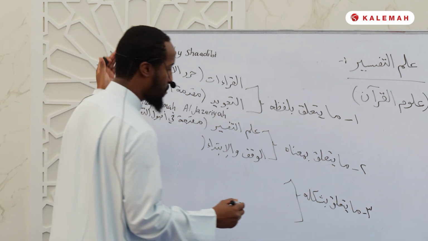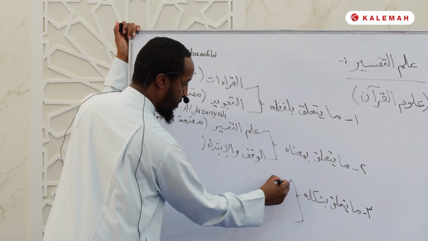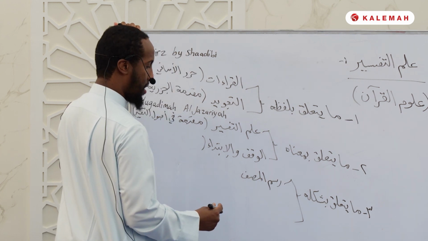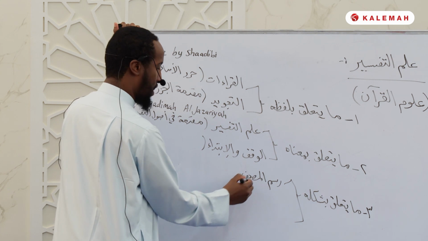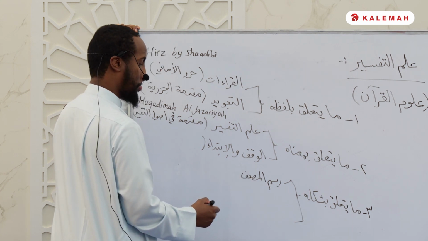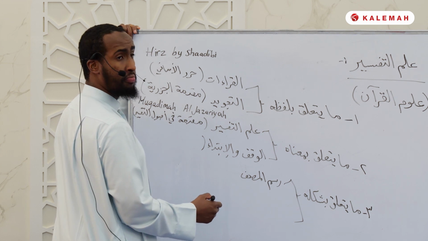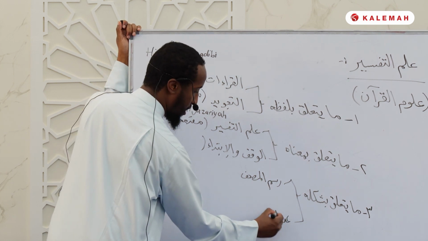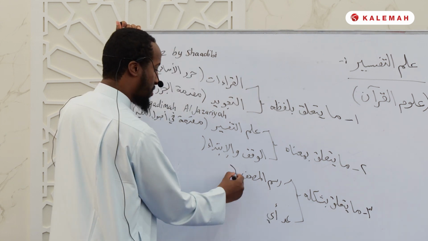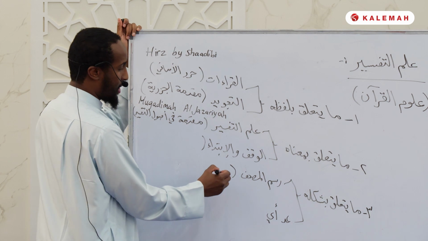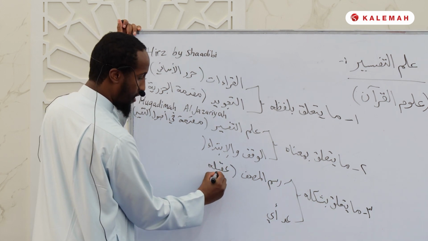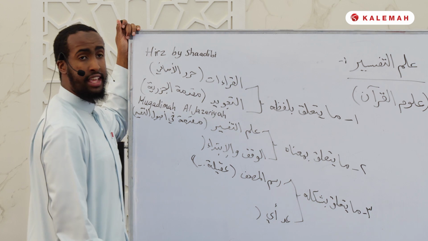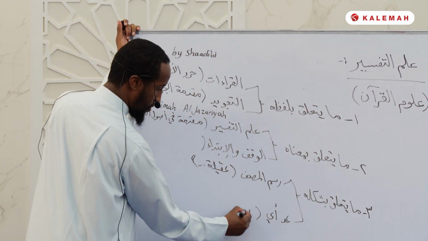And here we say is رسم المصحف, and also عد الآية, right? So the رسم المصحف, and we said the kitab عقيلة أتراب القصائد, right? The kitab al-Aqila. And the kitab عد الآية, the ناظمة الزهر by Shatibi as well.